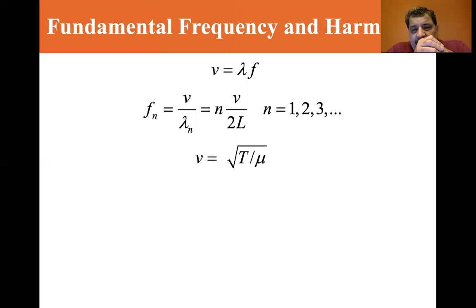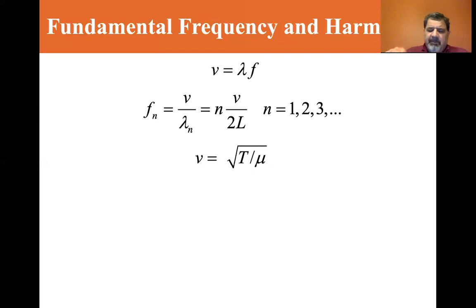So if you increase the tautness, if you increase the tension in the string, the velocity goes up, not linearly, but by the square root. If you increase the mass density, the velocity goes down, and that's why the bass strings are thicker. There's more mass density to the bass strings of a guitar or a piano.